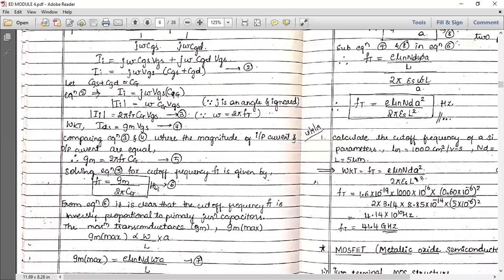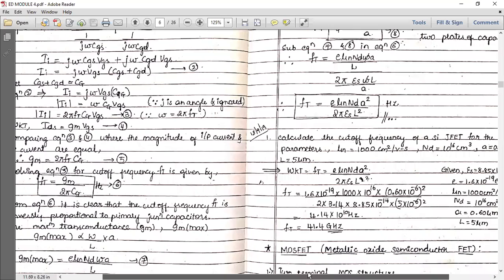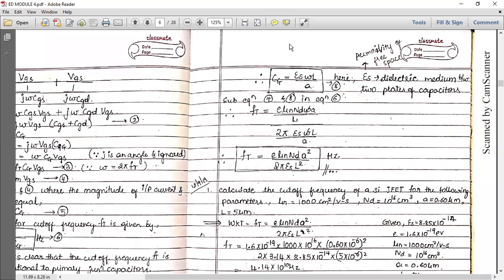Once we got this expression, we found the transconductance and the gate capacitance Cg, so that we can find the cutoff frequency in terms of electron charge, mu n, and Nd. Based on that, we found the cutoff frequency is E into mu n into Nd into A squared by 2 pi epsilon s into L square. This is what we derived in the previous session.